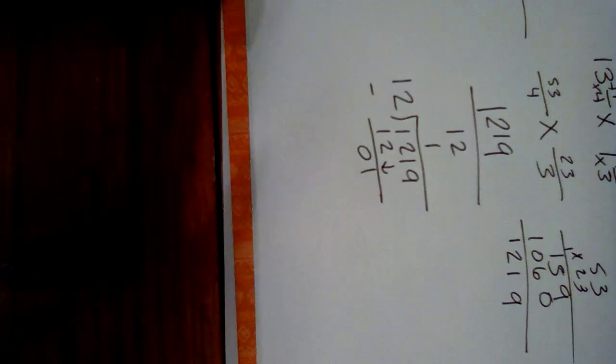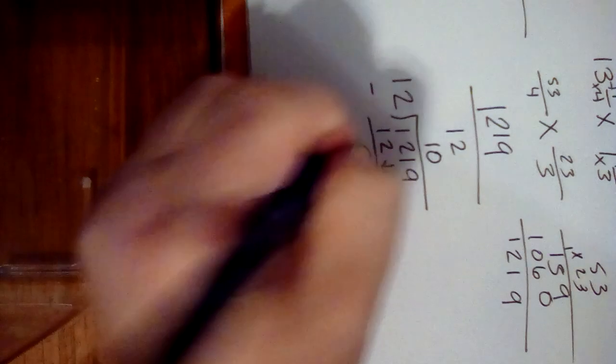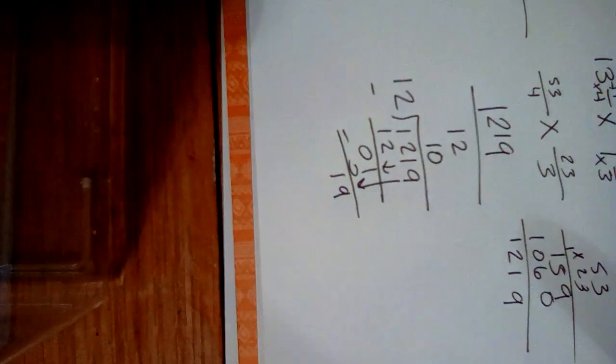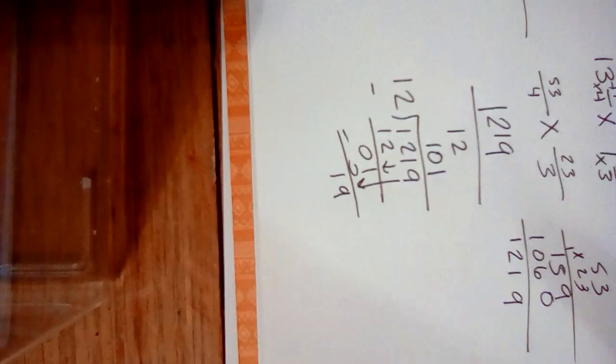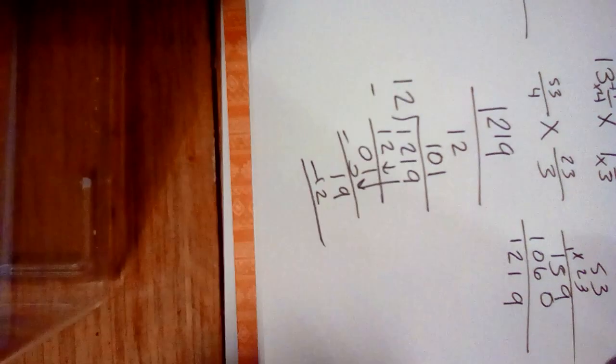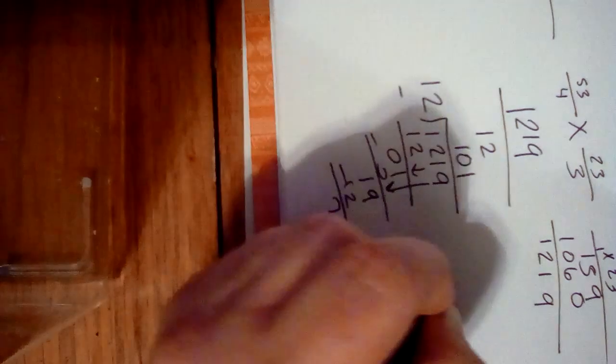No. So I have to put a 0 up here. Minus 0 is 1. Bring down the 9. 12 goes into 19 one time. Minus 12 is 7. So my answer is 101 wholes and 7/12.